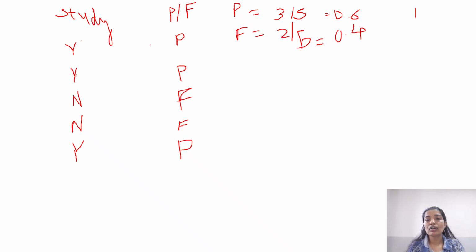Then we will put that into the formula and we will get the answer: 1 into 0.6, divided by 0.6, which will give us 1. That means 100% probability.